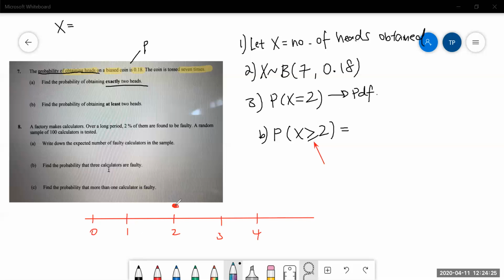What we want is here onwards. Doesn't that mean you're looking for 1 minus the probability of X being smaller than or equal to... smaller than or equal to what?